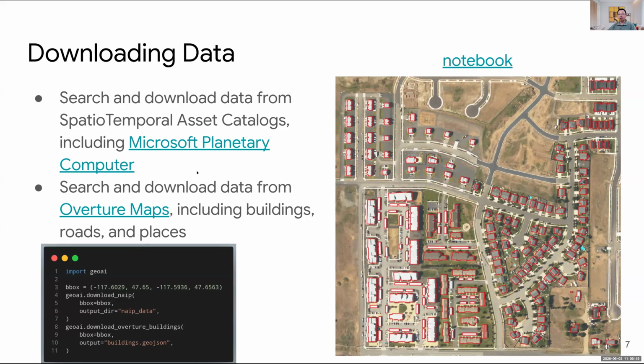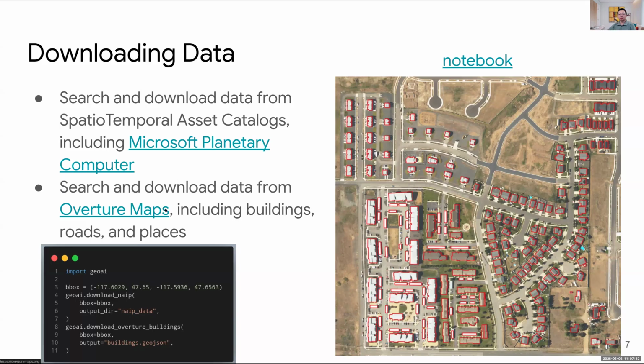You can get data from a variety of sources. One of the popular ones is the Microsoft Planetary Computer, because they have a lot of satellite data and also aerial imagery. Especially in the US, we have 1 meter resolution data from the USDA for multiple years, so you can download data for free.